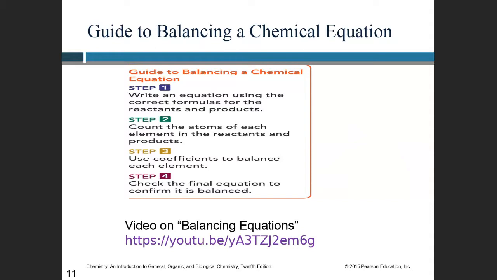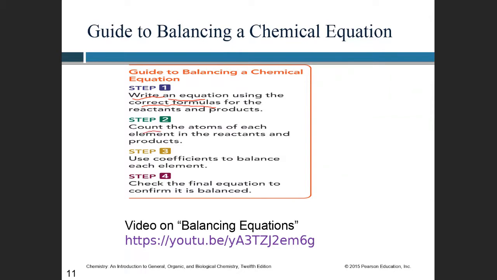So how are we going to balance a chemical equation? The first step is to write the symbols with the correct formulas, as we learned. If it is a molecular compound, we are going to write it in the correct way.